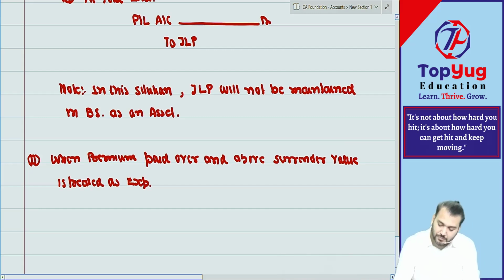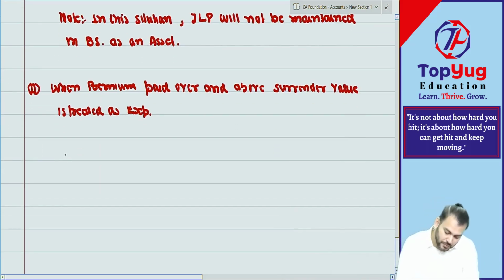Expense. Point number A. When premium is paid, what journal entry?